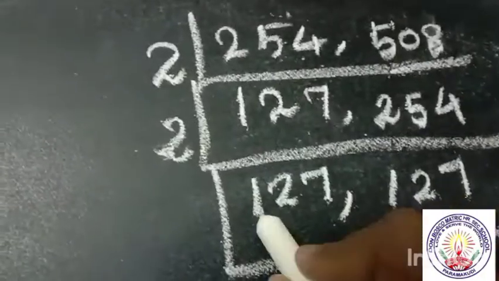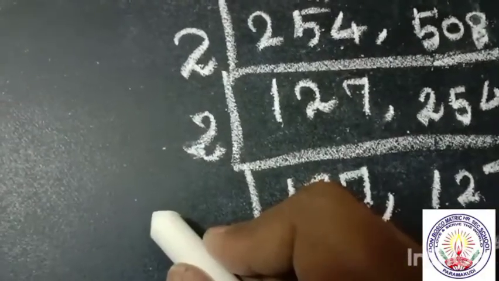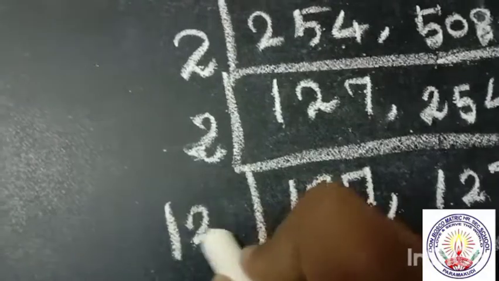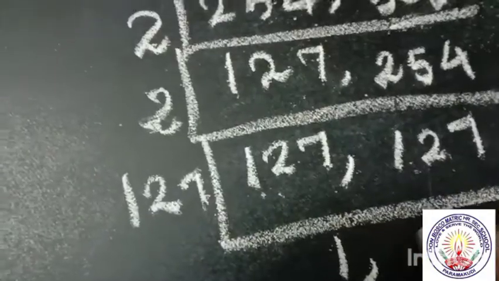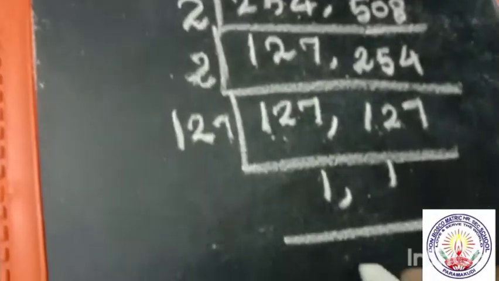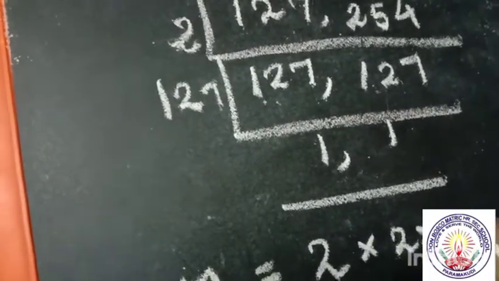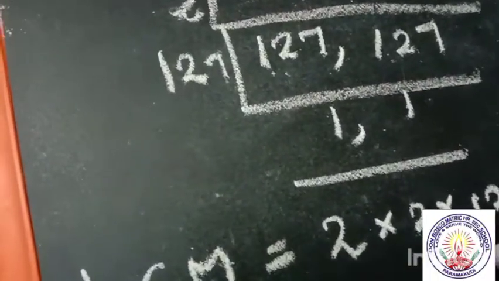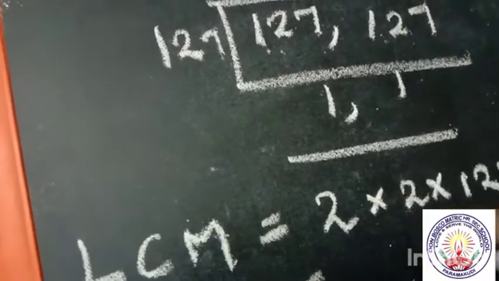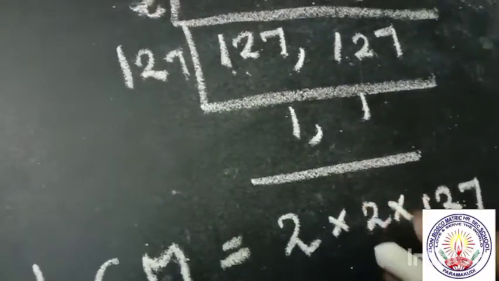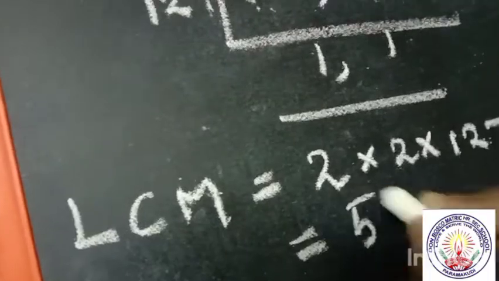So both numbers are equal. So we will take 127, 1, 1. LCM is equal to 2 into 2 into 127. We multiply all, we get 508.